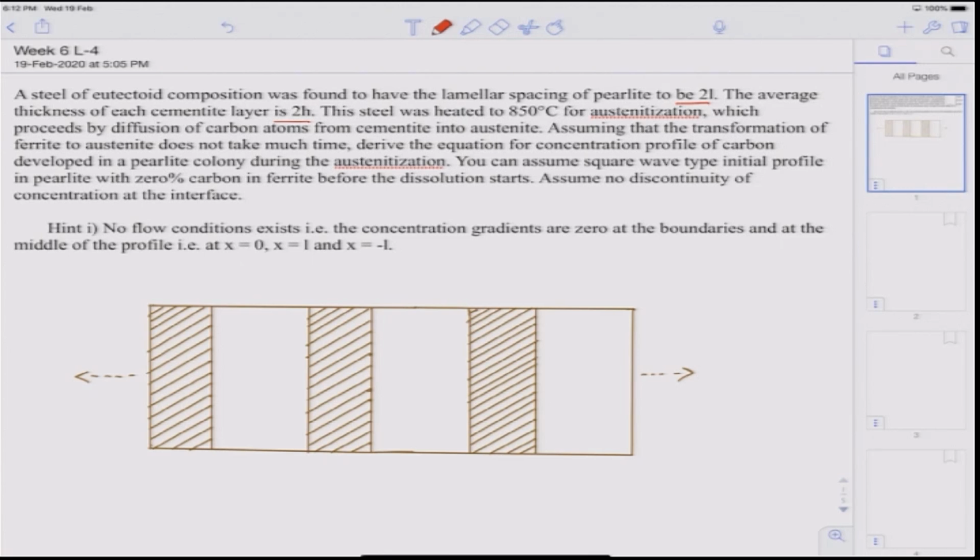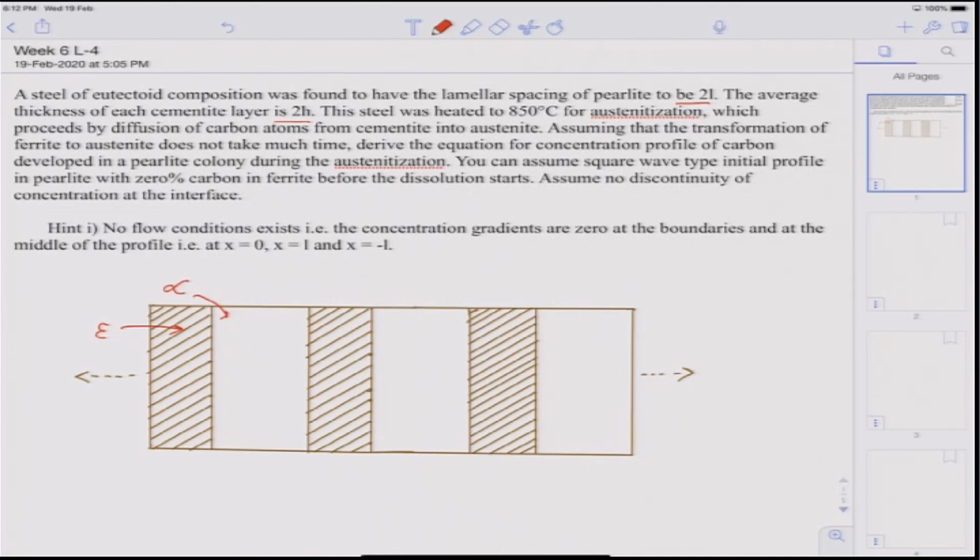So, we have a eutectoid steel here. The eutectoid microstructure basically is composed of alternate layers of ferrite and cementite, which is shown here in this figure. In this figure, the hatched area is a cementite layer and the other layer is the ferrite layer.